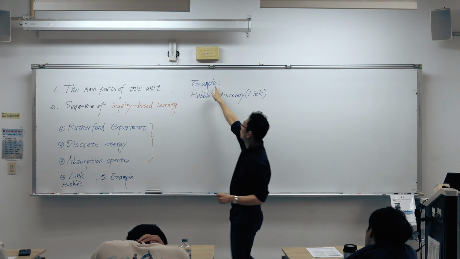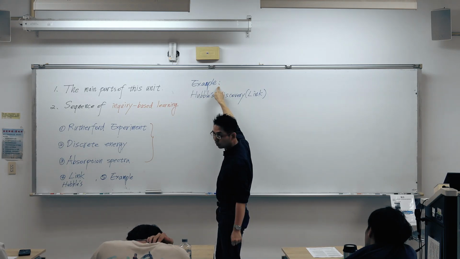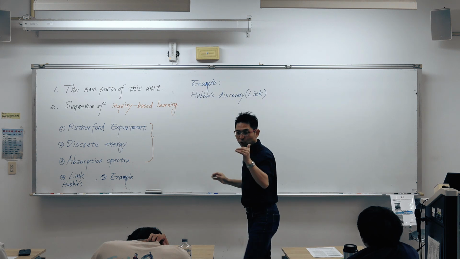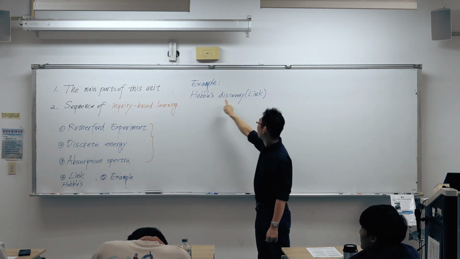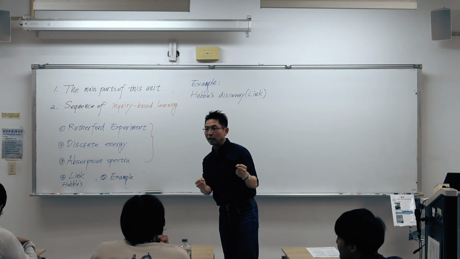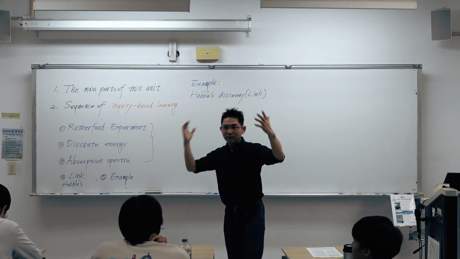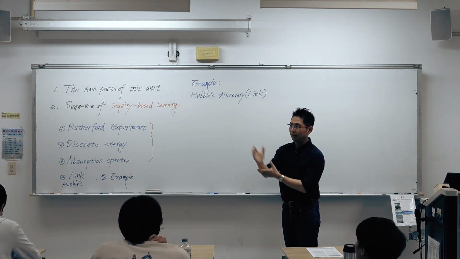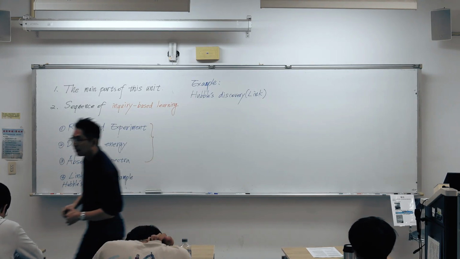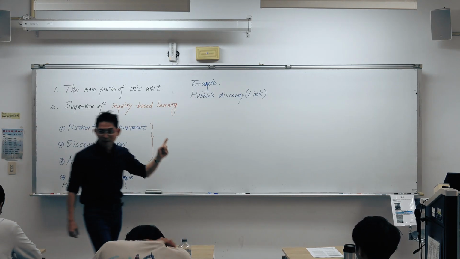Just like Youjia's idea, he thinks that we should put an example firstly for our students. And also, Junyan said that we should have the Hubble's discovery part for students' interest, to try to motivate engagement. So, how about you? Example firstly, why?